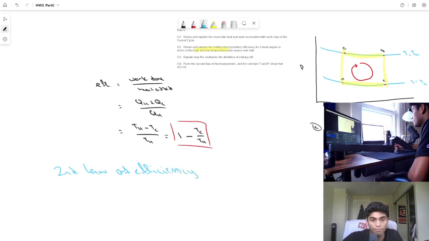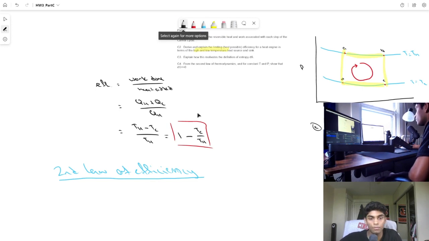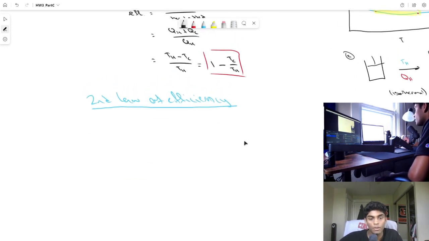If we were to write this out, it would be QH over TH plus QC over TC is equal to 0. This is our second law of efficiency.